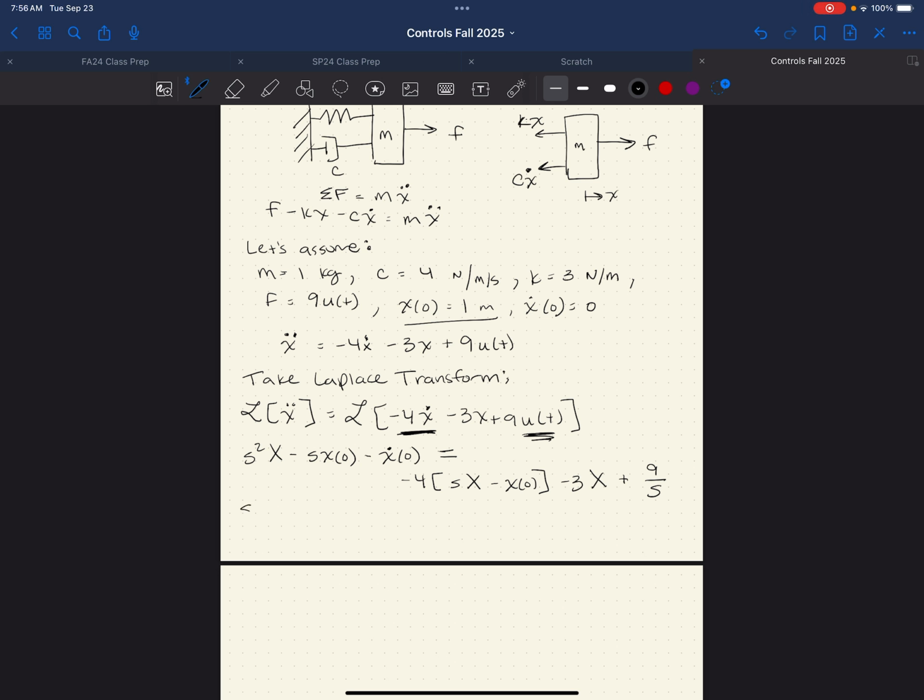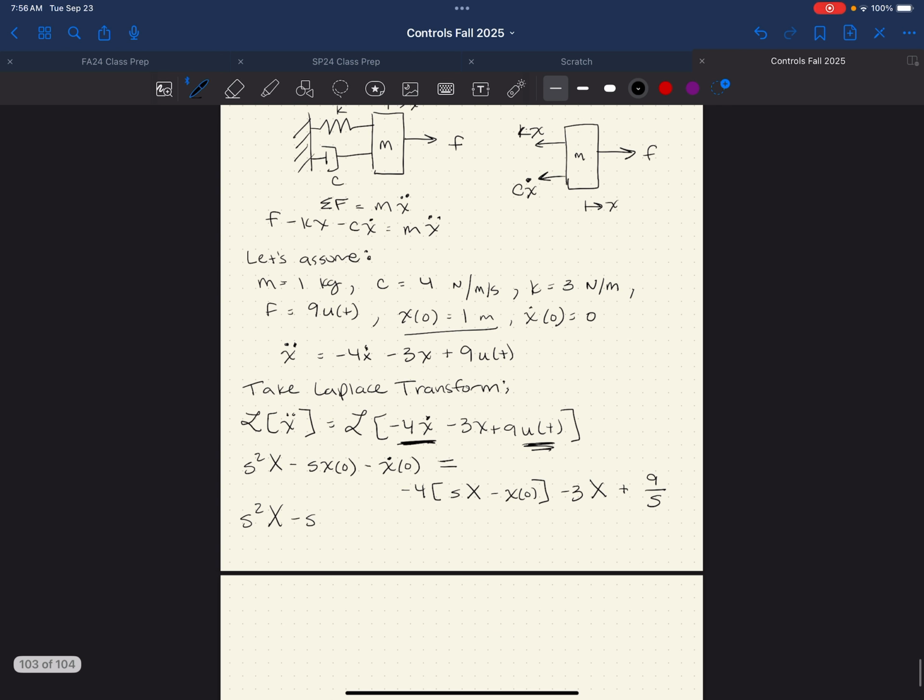So we should get s squared big X minus s. X dot of 0 is 0, so that goes away. Minus 4s big X. X of 0 was 1, so we end up with a plus 4 here. Minus 3 big X plus 9 over s.